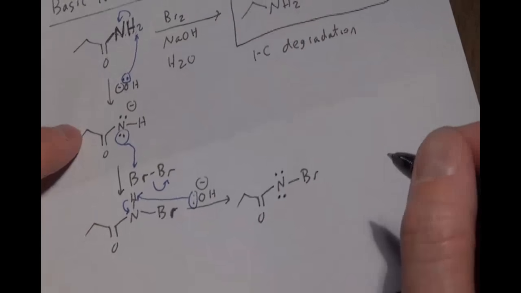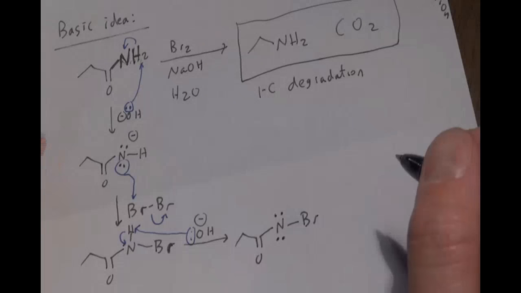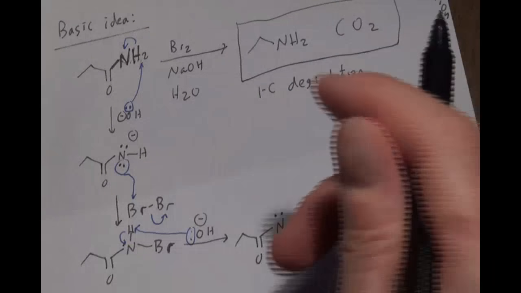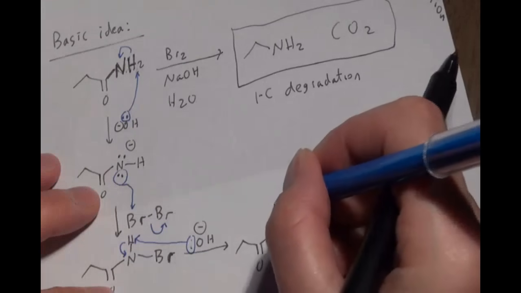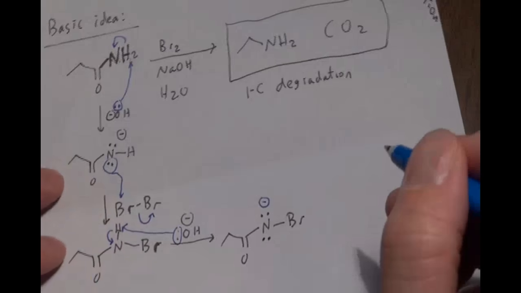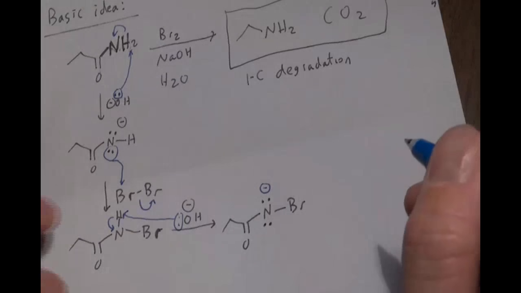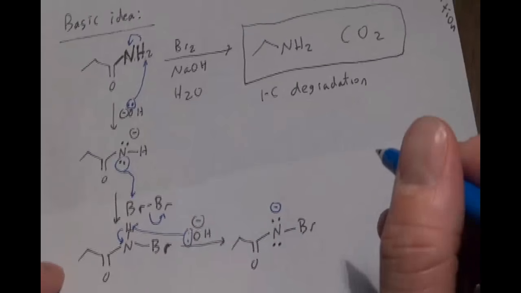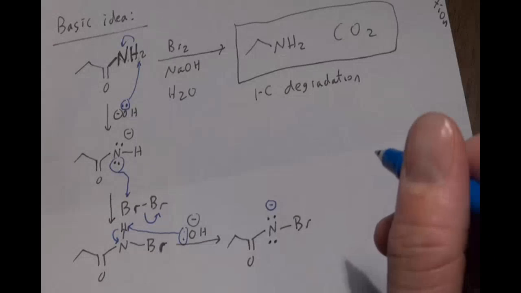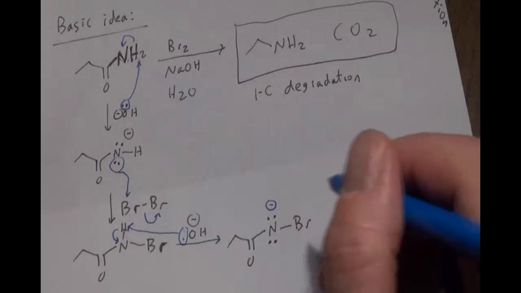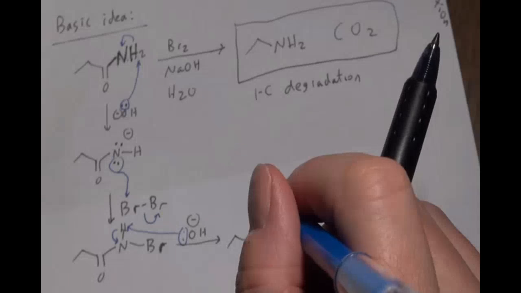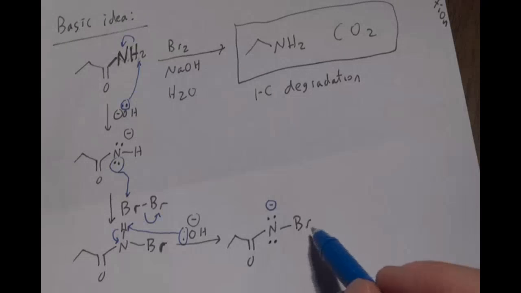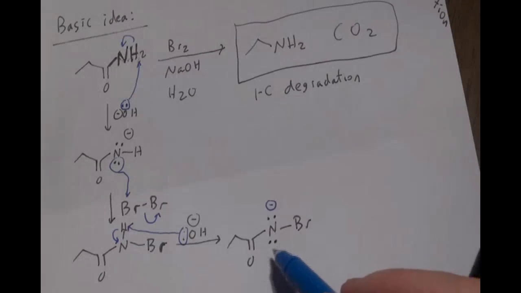Am I missing anything? Well, when the base takes that second proton, there's a negative charge left over on the nitrogen. This is where the mechanism gets a little bit weird. When you have this thing, it's kind of like we have a leaving group on a negatively charged atom.